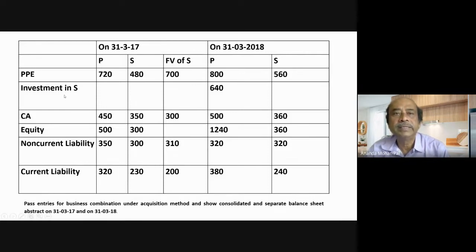Investment in S, just 1 day before, that was on 1st April invested on 1st April 17. So investment in this figure, there is no investment. On 31st March, just 1 year after, the same amount is stated here. 640 is the investment in S by P Limited.